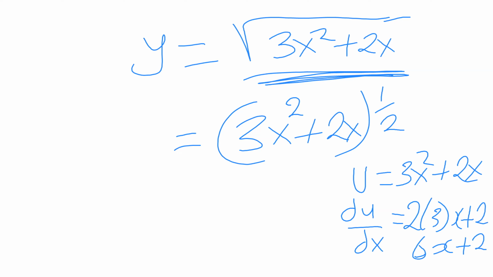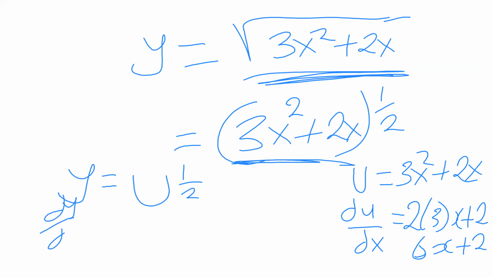Yes, I get it. So this is your du over dx. Then we need the dy over du. Since we have said this is our u, our y will be equal to u to the power half, right? Using the power rule to differentiate this and find dy over du, you drop the power, you have 1/2 u to the power half minus 1.